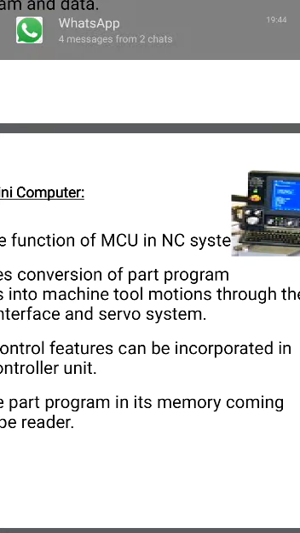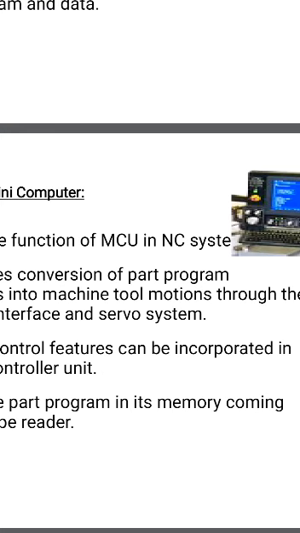From there it controls functions such that circular interpolation can be done more effectively with the computer and hardware circuits. So we can do circular interpolation or linear interpolation with the computer hardware circuit.